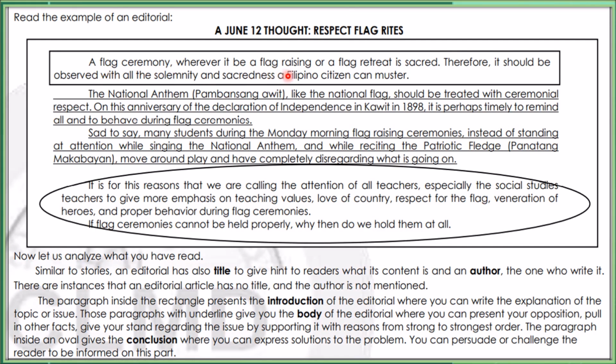This is the introduction, this is the body, and this is the conclusion. Okay? So, wala diyan nakalagay na author. Bakit? Kasi there are instances na walang pangalan na nima-mention. Okay? Tingnan natin.